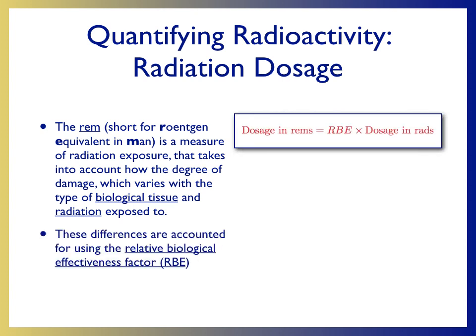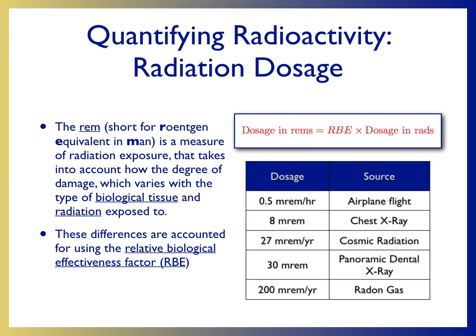These different effects can be accounted for by using what's called the relative biological effectiveness factor, or the RBE. If you take the RBE and multiply it by the dosage in rads, you get the dosage in REMs. So the REM takes into account all of the factors that measure how damaging a dose of radiation can be.